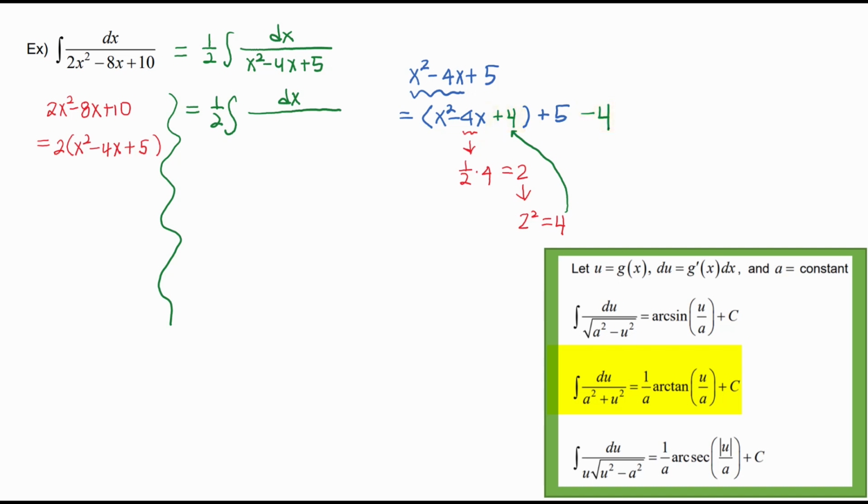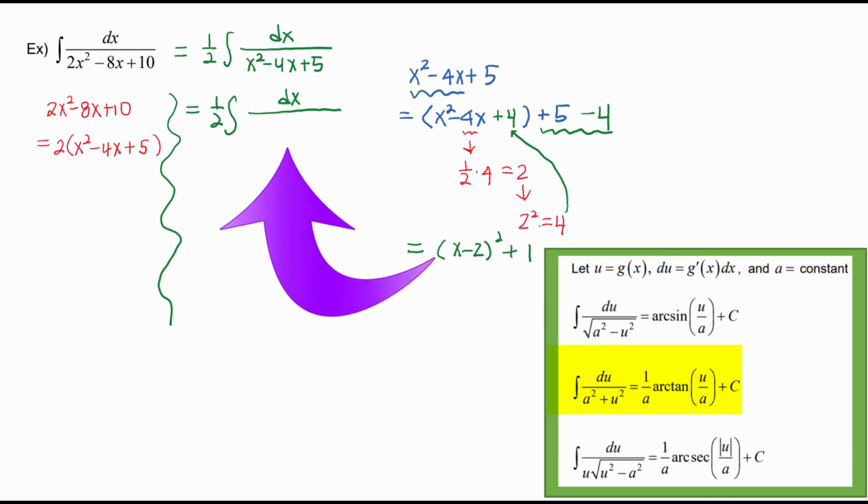So then this completes the square, and this becomes quantity x minus 2 squared, and then when you compute positive 5 minus 4, you get positive 1. So your denominator, quantity x squared minus 4x plus 5, can be replaced by this expression that we just got by completing the square, which is quantity x minus 2 squared plus 1.